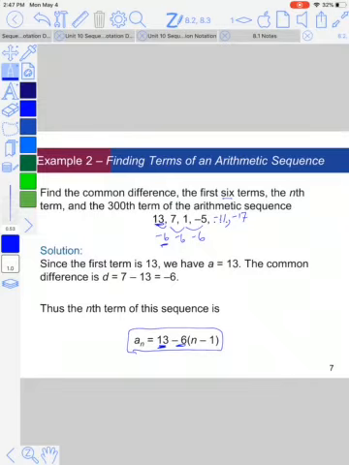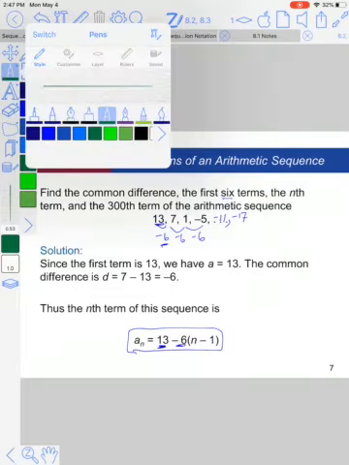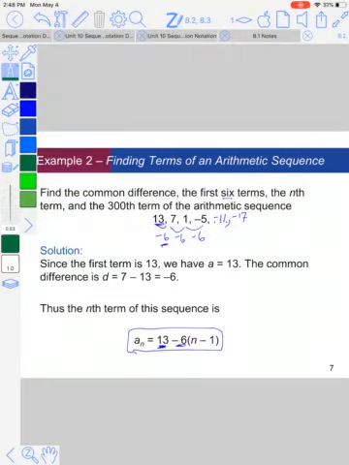Another way to look at it: if I'm subtracting 6 every time, repetitive addition or subtraction in mathematics is multiplication. So that's really negative 6 times n. Now, this 13 is the first term. If I plug a 1 in here, I get negative 6 times 1, but what I really want to get out is 13. How do I get from negative 6 to 13? I add 19. So this would be a plus 19.